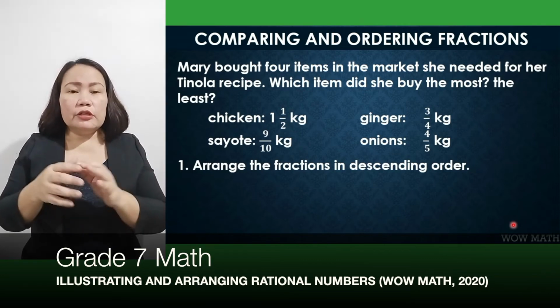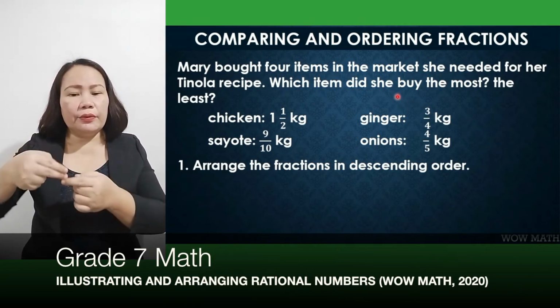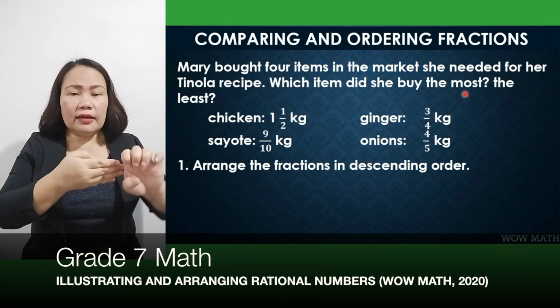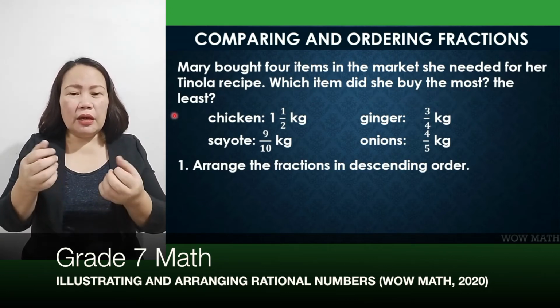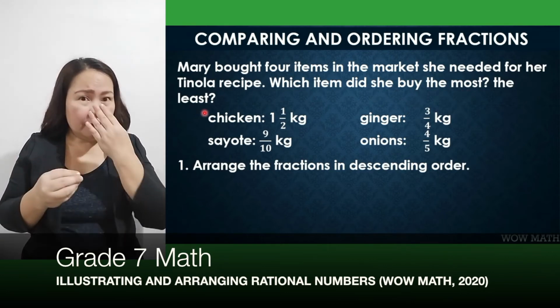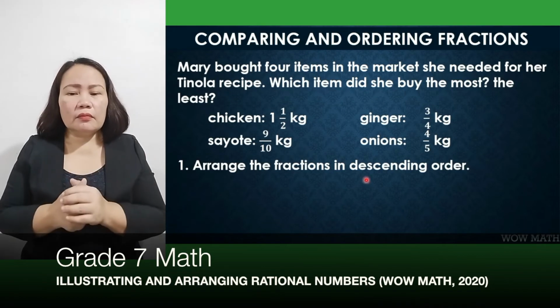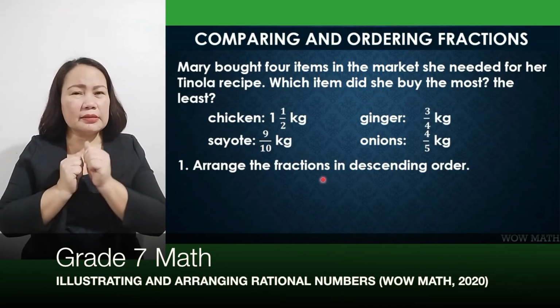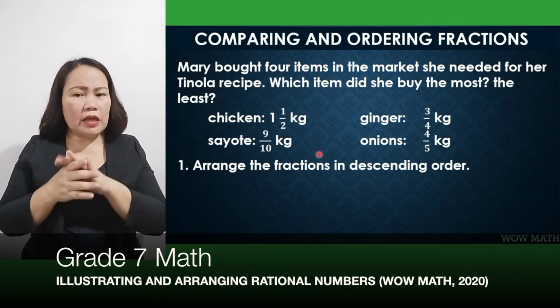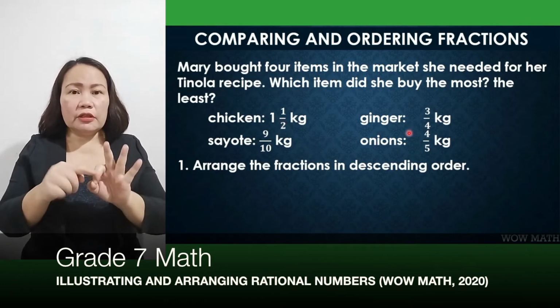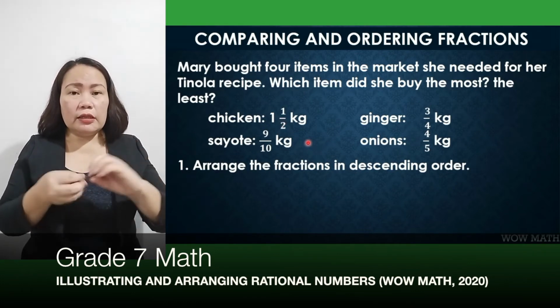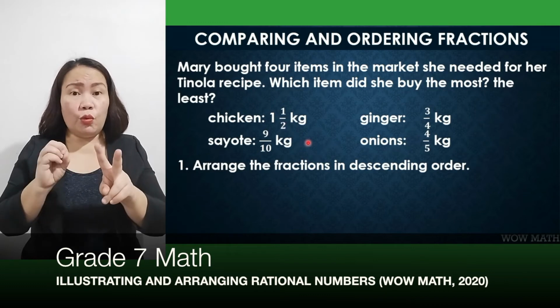Para malaman natin kung ano yung item na pinakamarami or pinakamabigat niyang binili at yung pinakakonti. So, i-arrange natin siya. So, anong ibig sabihin nitong problem na to? How are you gonna arrange the fractions or rational numbers if you have 2 or more fractions?